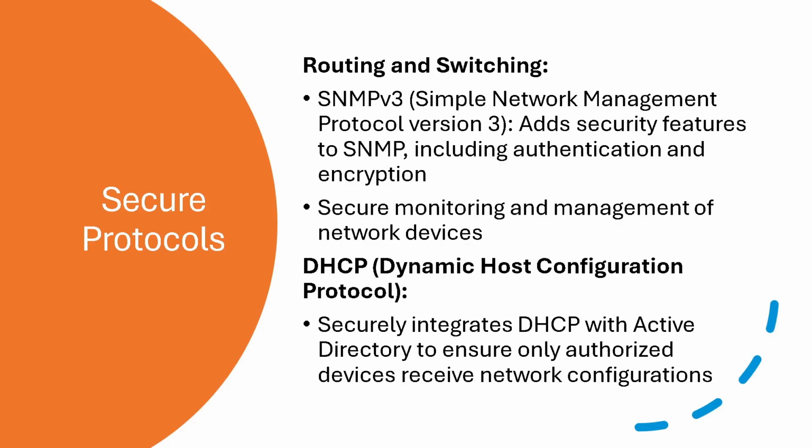SNMP version 3, or Simple Network Management Protocol version 3, adds security features to SNMP, including authentication and encryption, securing monitoring and management of network devices. DHCP, or Dynamic Host Configuration Protocol, securely integrates with Active Directory to ensure only authorized devices receive network configurations.